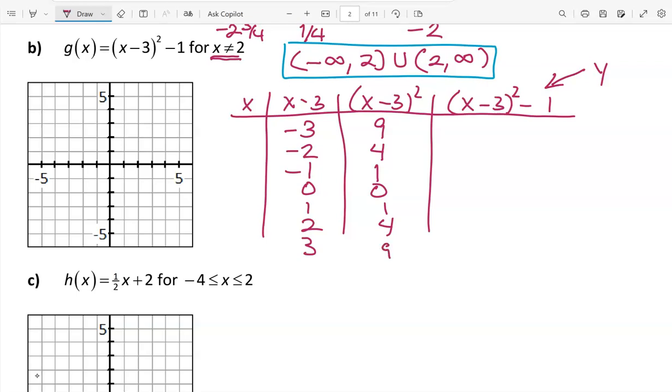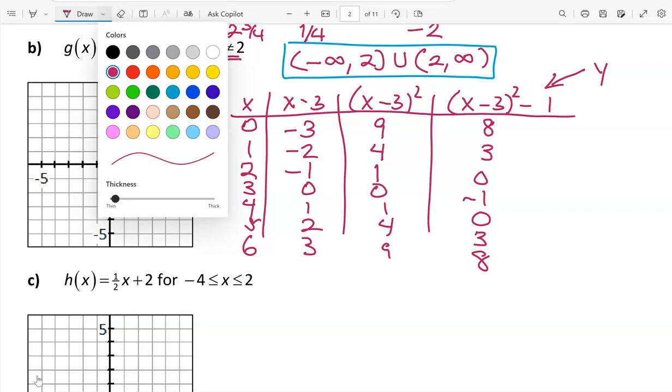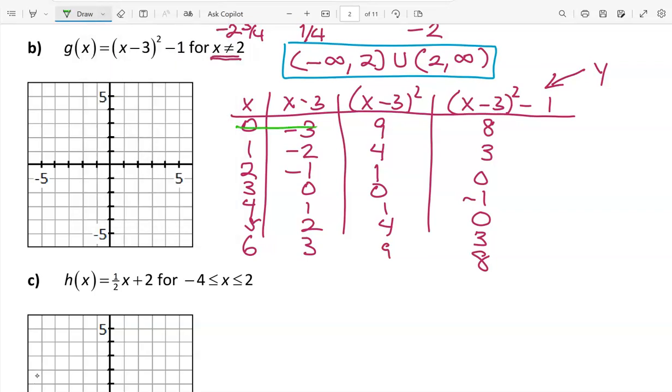If we have x minus 3, we can find x by adding 3. And for our last column, we can subtract 1. We have a couple of y values here that are not going to appear on the grid that we have.